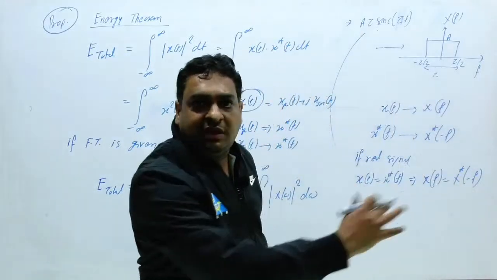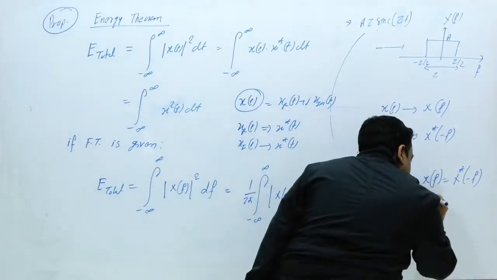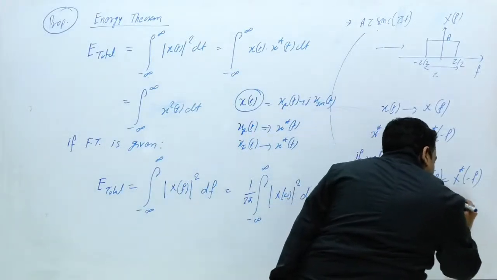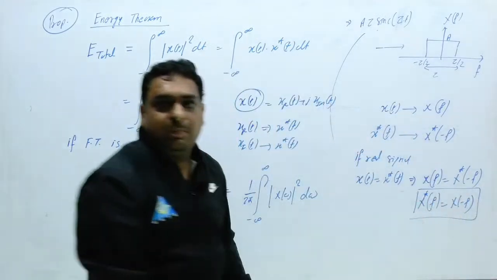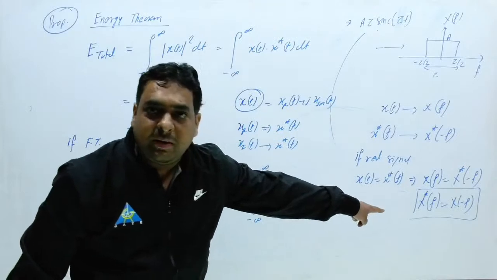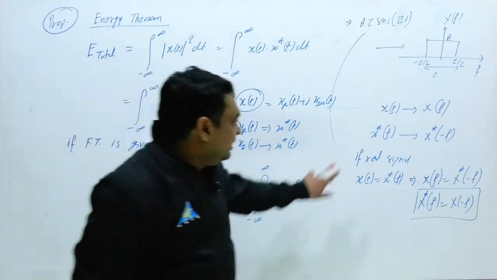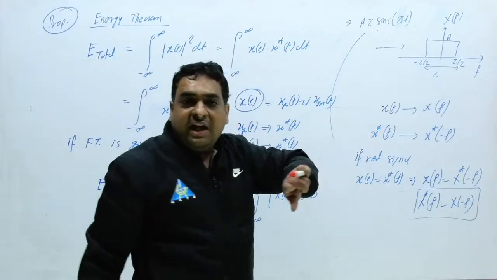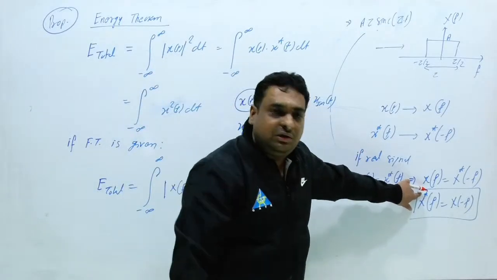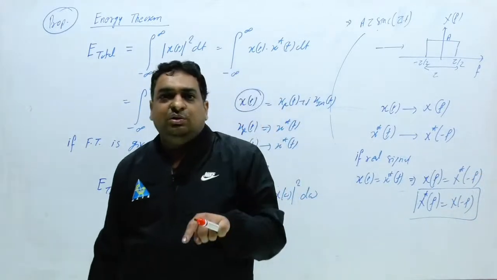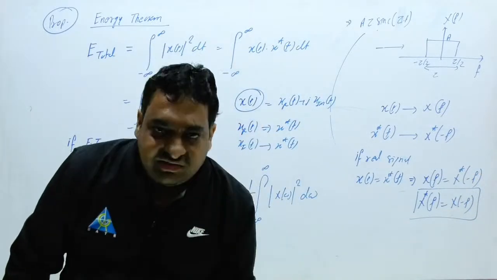Taking the conjugate on both sides, X conjugate f is equal to X of minus f. This you should remember, one more new property. If x(t) is a real signal, then its Fourier transform conjugate is equal to the reversal: X conjugate f is equal to X of minus f.